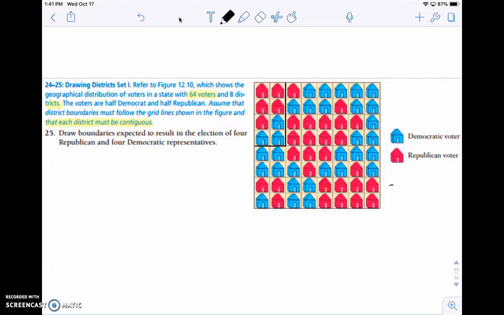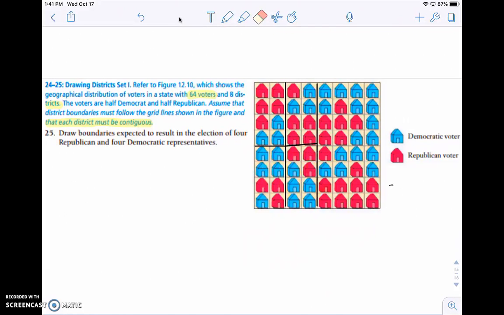So here's my first, then my second, then my third, and then my fourth, and so forth. So each of them are kind of broken up into these chunks right here, and that would go all the way through.